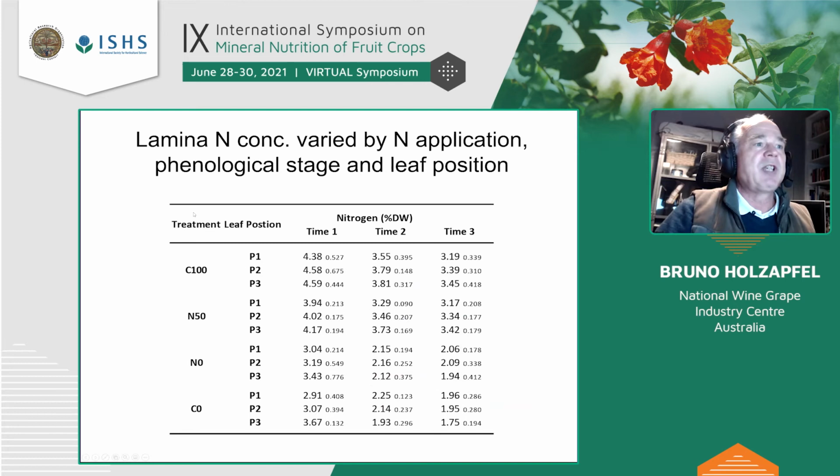So as you can see, we have 4 treatments and 3 leaf positions at 3 times. Months before flowering, and a month after flowering, and we get a range between the treatments and also, in some respect, to leaf position.